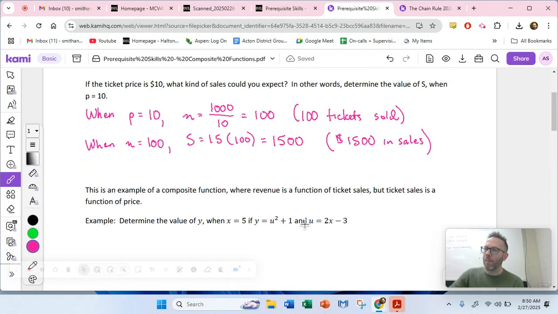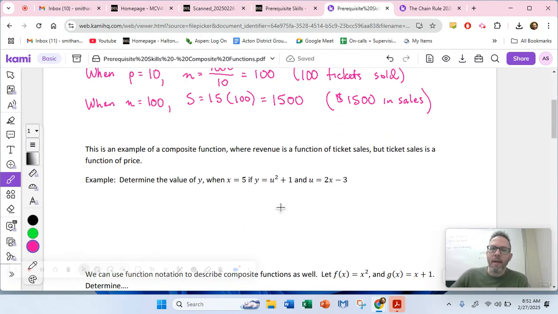So here's another example. This one's a generalized example. None of X, Y, and U have some immediate context, but it's kind of similar. Let's determine the value of Y when X equals 5, if Y is equal to U squared plus 1, and U is equal to 2X minus 3. Now I'm going to show you two ways to do this.